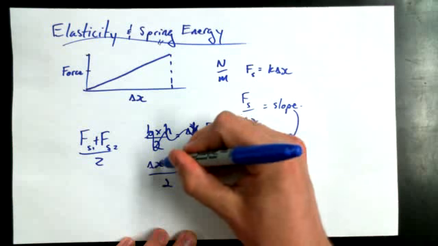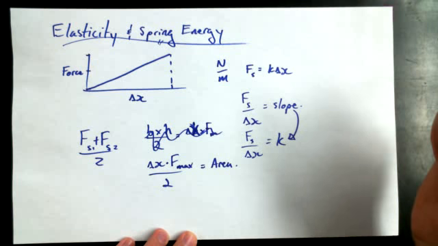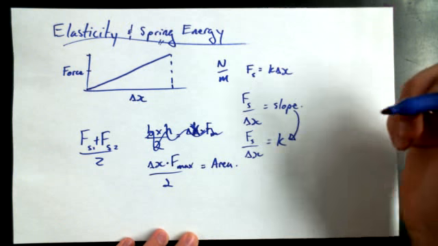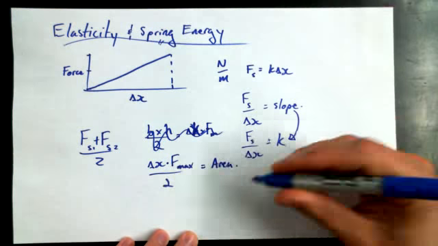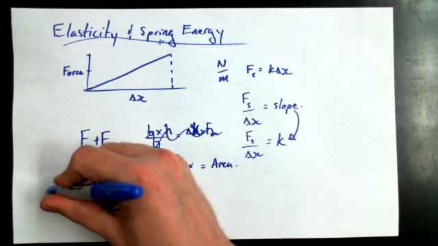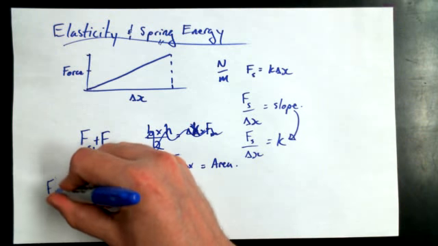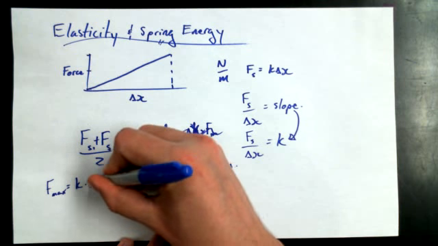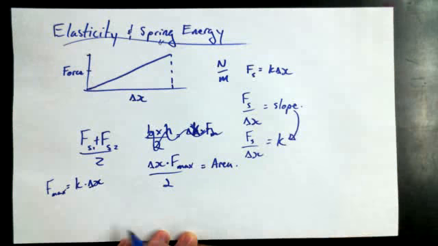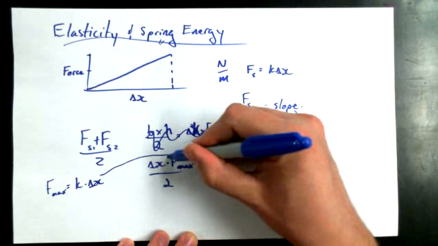Now this delta x here is also the delta x max, just so you recognize that. I want to recognize that F max is equal to k times delta x at the maximum position. So I'm going to sub that into this position here.